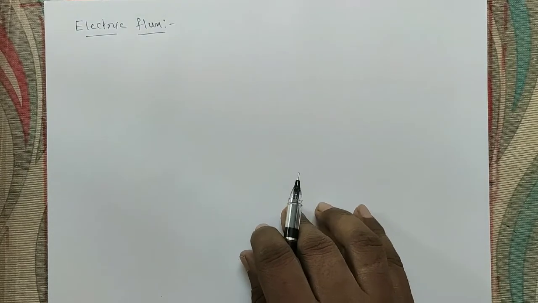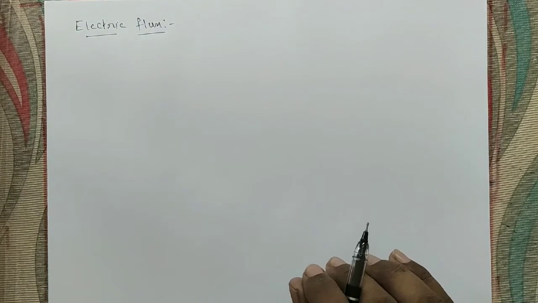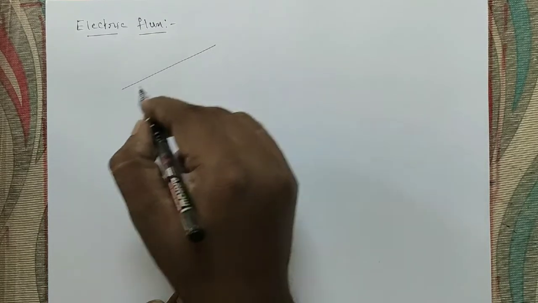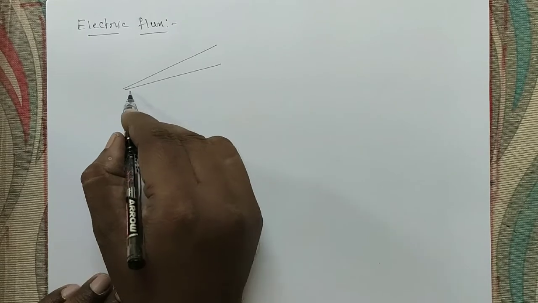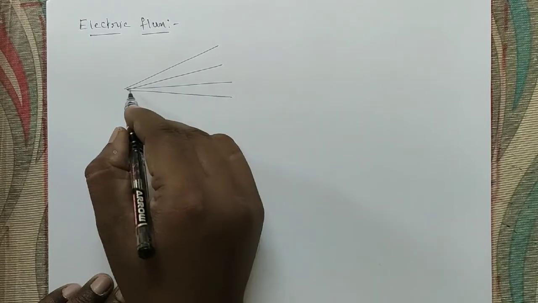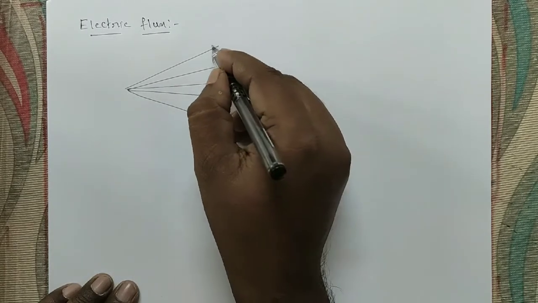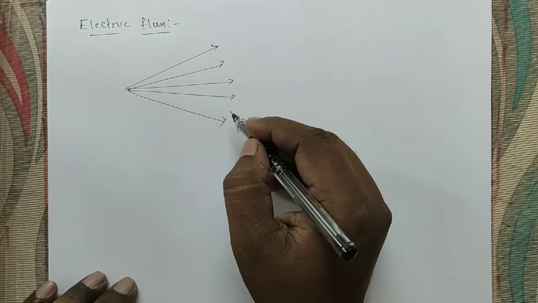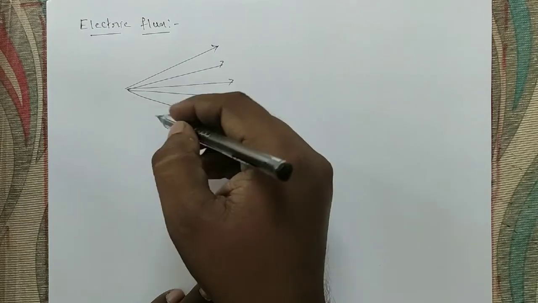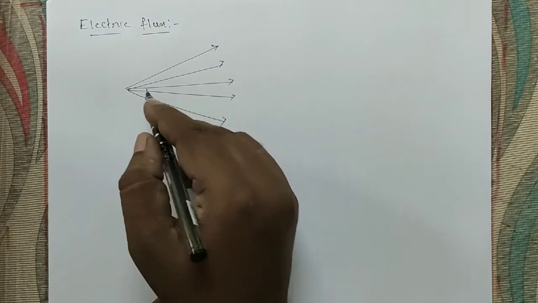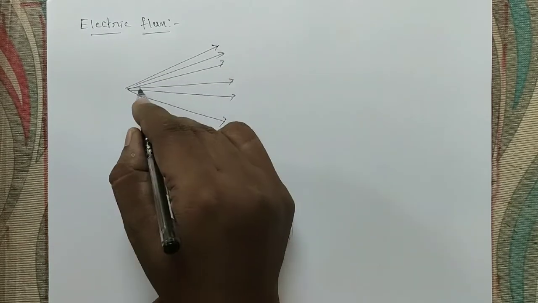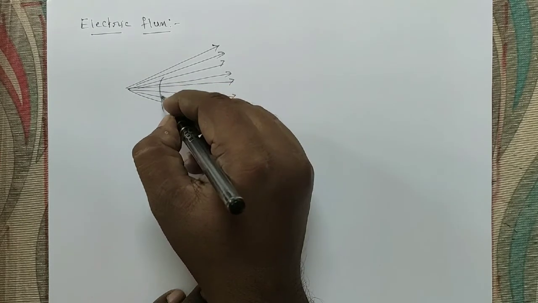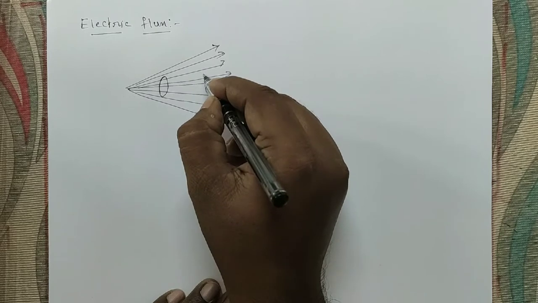Electric flux: suppose you take electric lines of force, these are the electric field lines here. If you hold a surface in these electric field lines, here I am taking a surface, and here I am taking a surface of the same size.